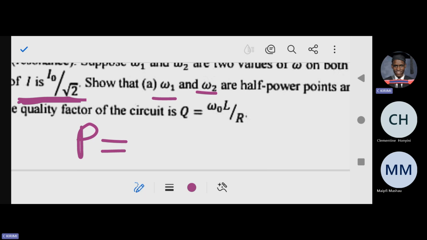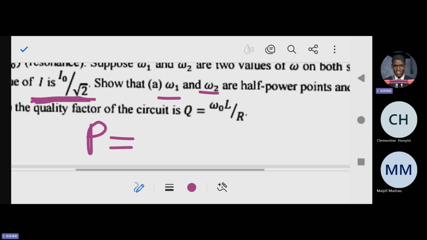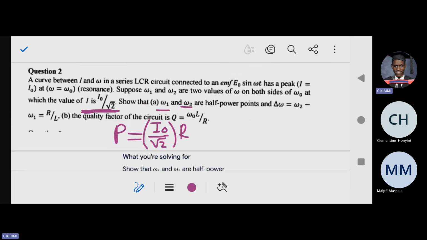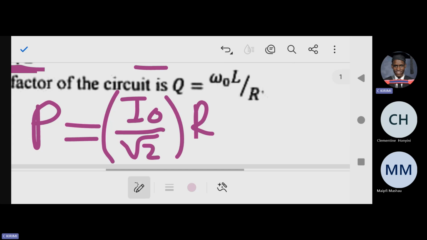From the given information in the question. It's I naught over root of 2. Then I square it, and then I multiply by R. That is the formula. I forgot to square; there must be a square here.